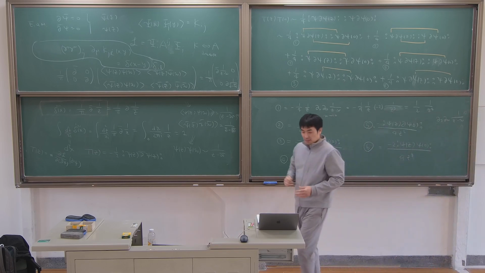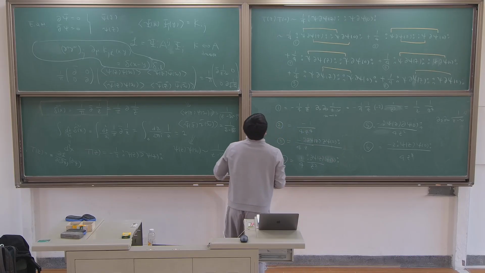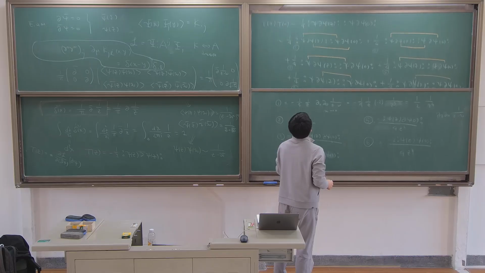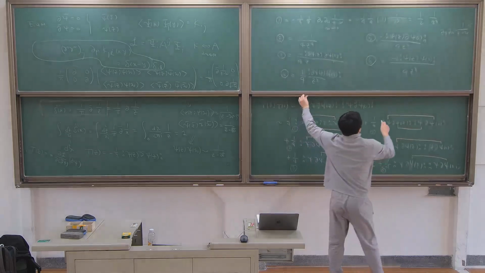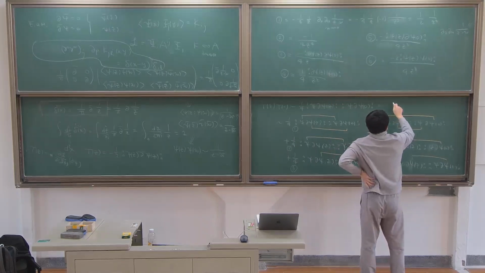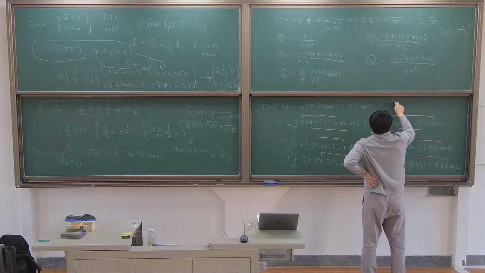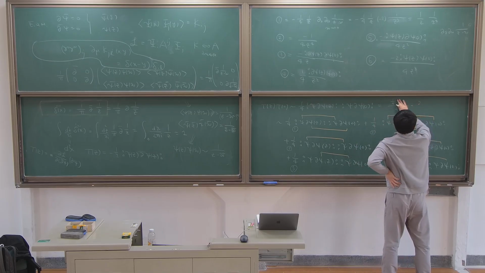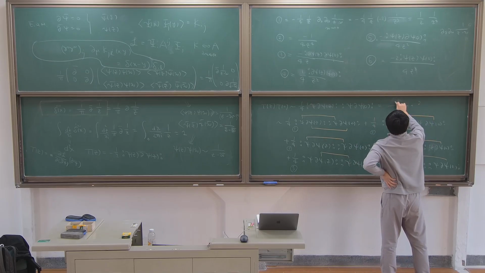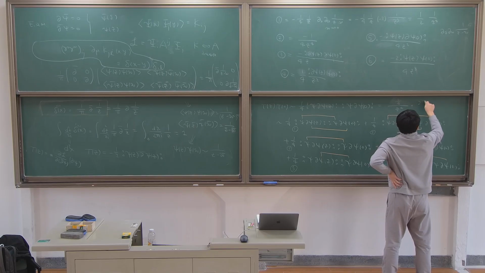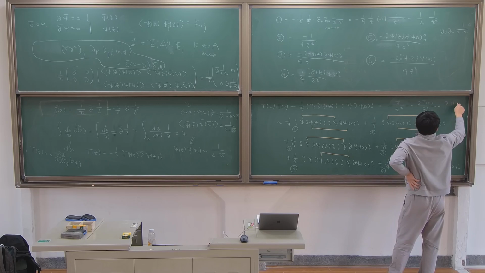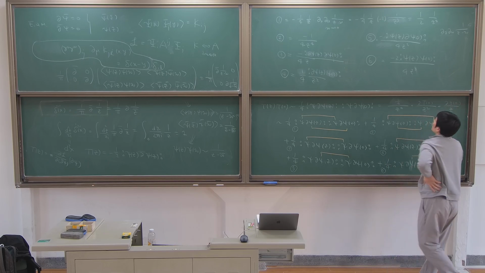Okay. And if you sum them up, 1, 2, 3, 4, what you get is 1/4 T of 0. Okay, that's what you get.